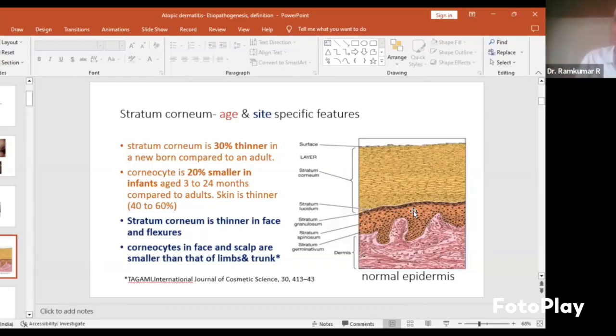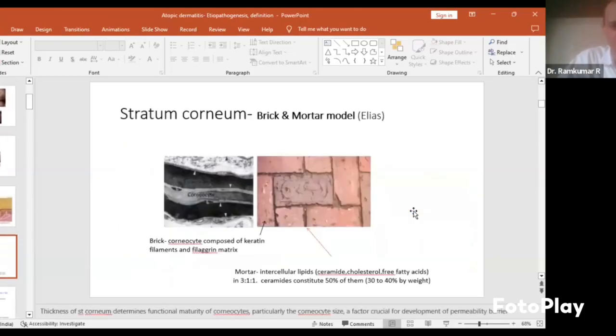And now recently, with the new biologicals which we have got to target atopic dermatitis, the pendulum has swung in the direction of immune dysregulation. So it's not only that the stratum corneum is thin in a newborn, but also that in every person, the face and flexures have a thinner stratum corneum.